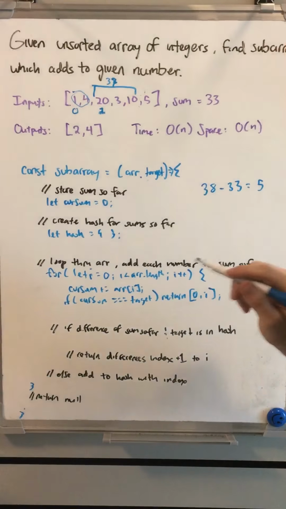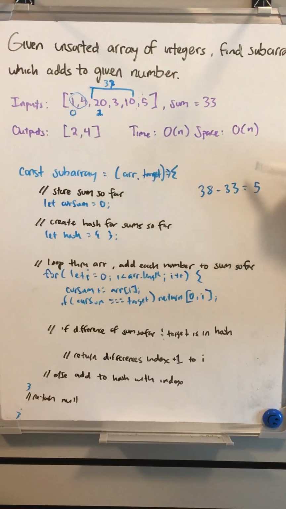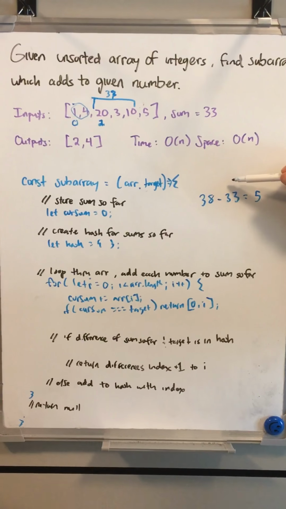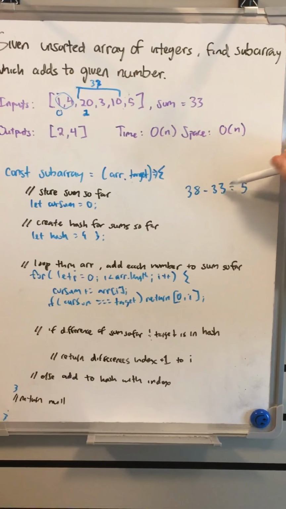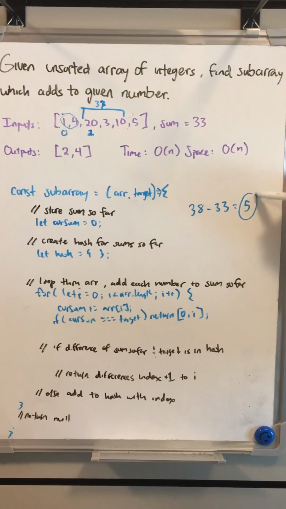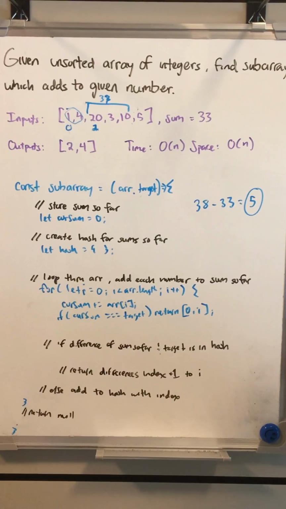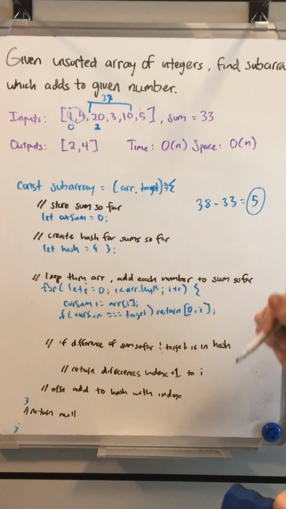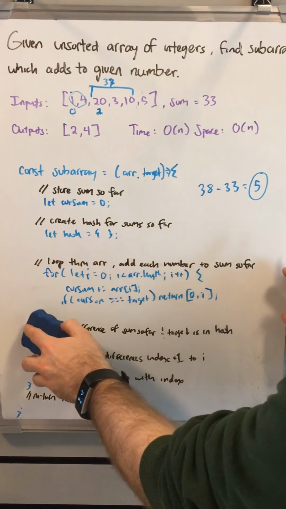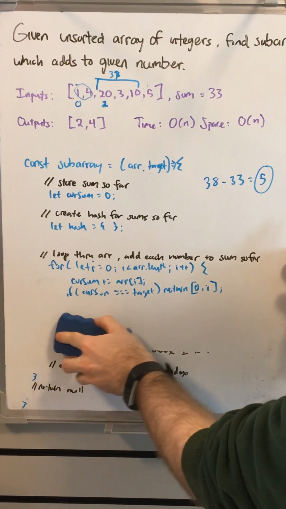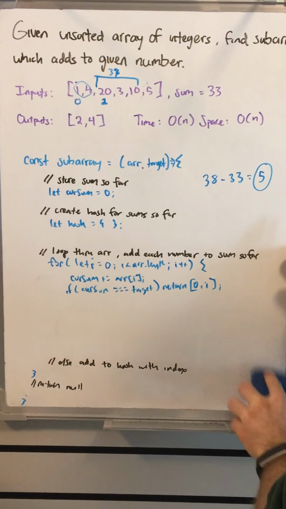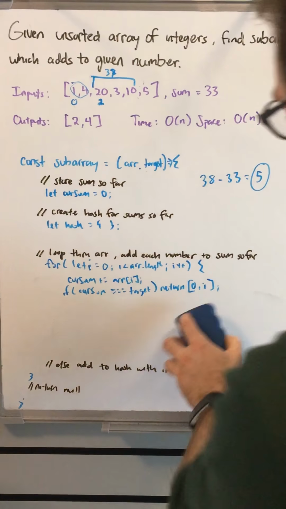All right, so now the next thing we ask is, if the difference of the sum and the target is equal to a sum that is in the hash, then we're going to return the difference. That difference is index plus 1, because if we take away that sum, we need to increment our index.